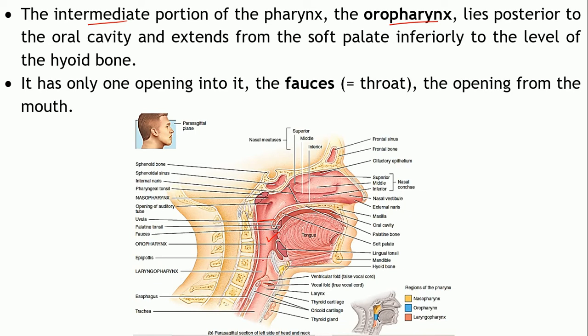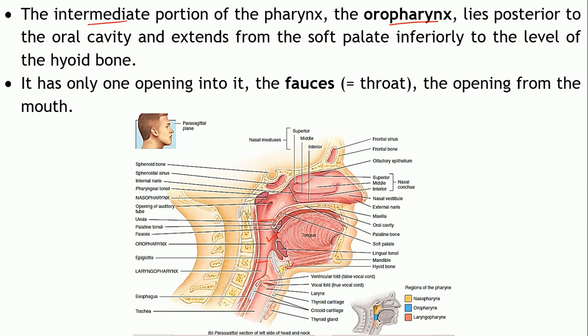Okay, so it will extend somewhere up to over here. Okay, so that's your hyoid bone, right? This is the one. So up to the level of this particular bone extends the oropharynx, from the soft palate up to the level of the hyoid bone.